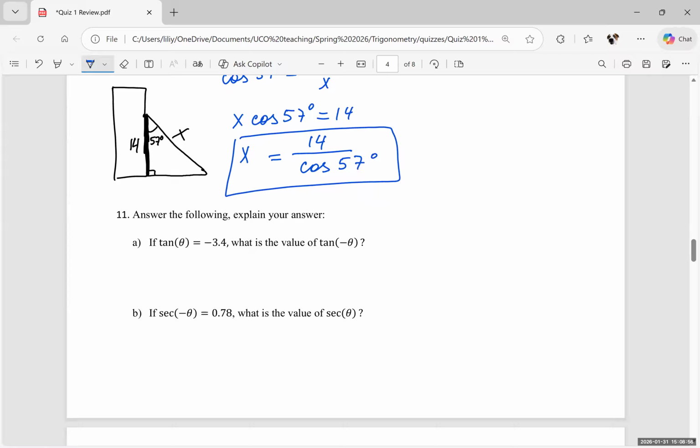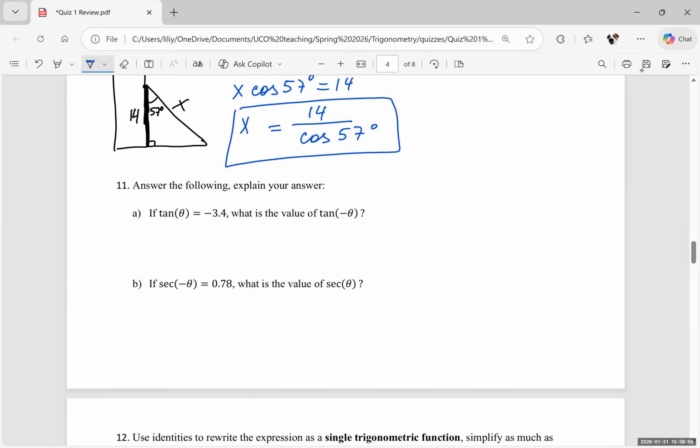All right, number 11, just quick odd and even identities. Answer the following. You do need to explain your answer, but the explanations are fairly easy. So tangent is odd. So tangent of negative theta equals negative tangent of theta. So negative, and tangent of theta is this number right here.